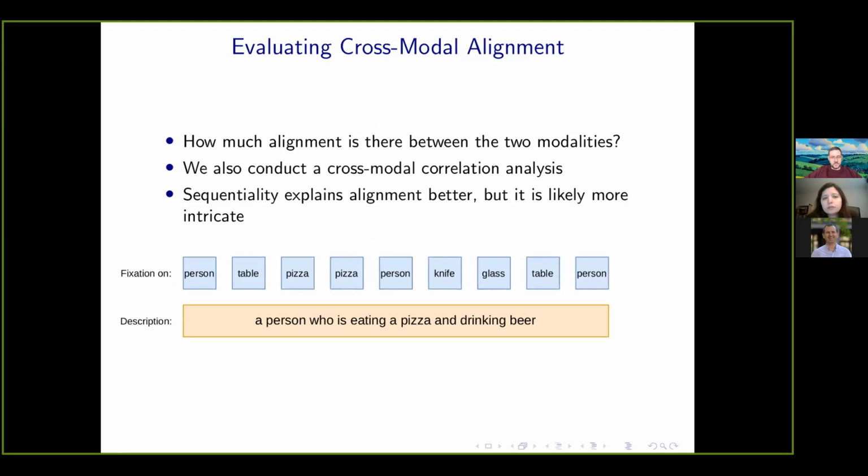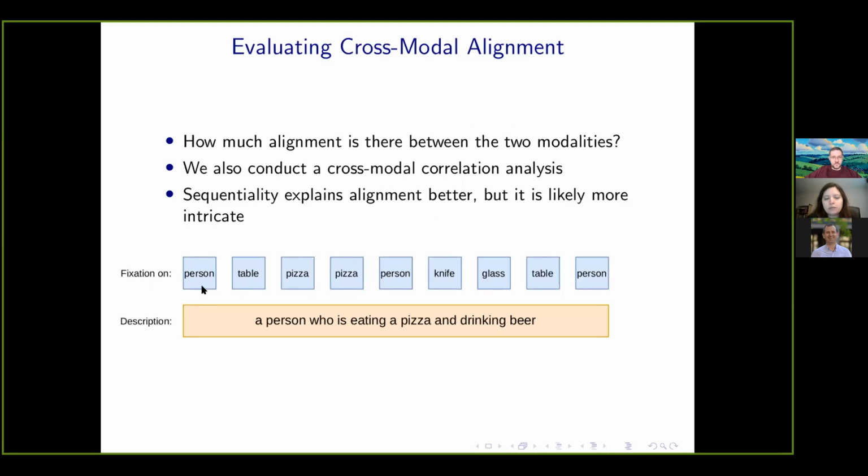We also looked at the data set in a different format to see how much cross-modal alignment there is. So we assume there is some alignment, but what is the extent, or what kind of alignment is there? So we conducted a cross-modal correlation analysis. We represented the fixations as a scan path of objects.